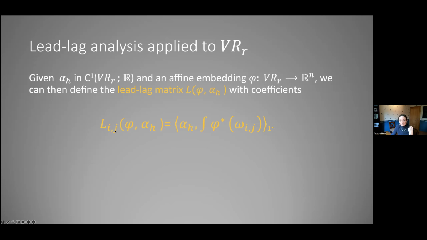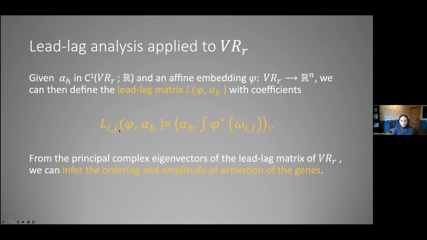The ij coefficient, with respect to the embedding I chose and the harmonic representative that I chose, is given by the inner product between A_H, which is a one cochain, and this one cochain that I just defined, where I'm doing integration along the path determined by an edge in R^n. Since I have these two one cochains, and I have chosen a while ago an inner product on the space of one cochains, I just take that inner product. That's going to produce a real number.